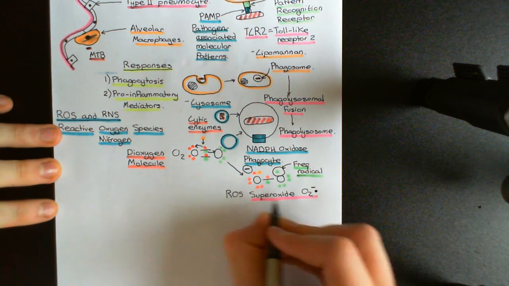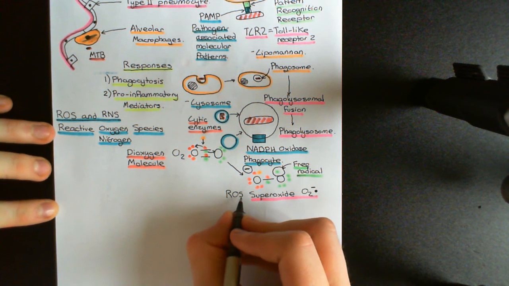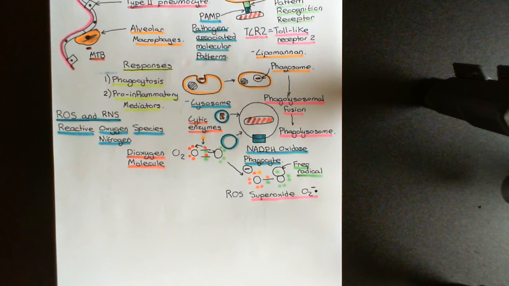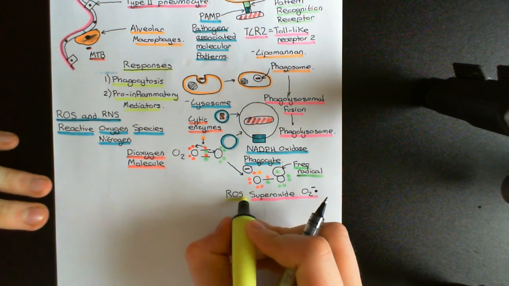It's based on oxygen, of course, and it is extremely reactive. So it is a prototypical example of a reactive oxygen species, but not only that, it's also the basis for producing a lot of the other reactive oxygen species, and also for producing a major reactive nitrogen species, as we'll see in a moment.